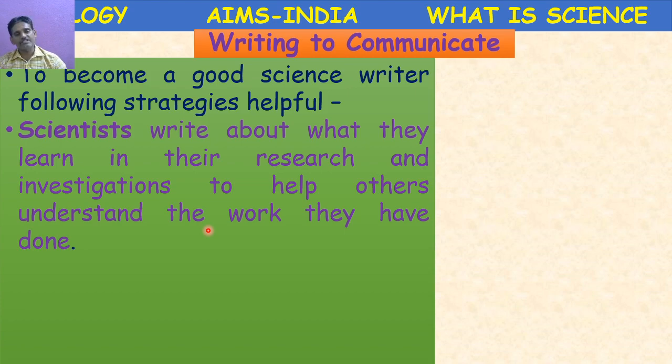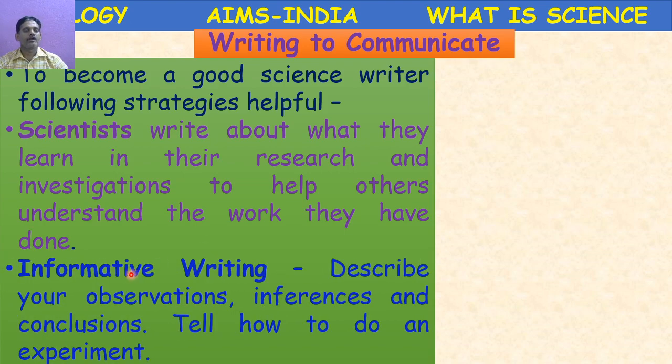That's why scientists follow this method. They write about what they learn in their research and investigations to help others understand the work they have done. As you work like a scientist, you will use different kinds of writing.